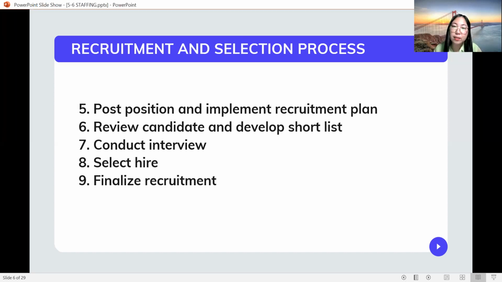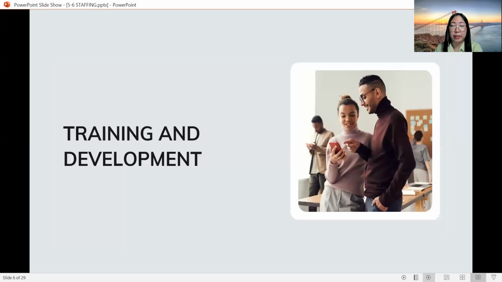So these are the basic steps: 9 steps in recruiting for a position or a job description to qualify in one open position for an organization or even a management.